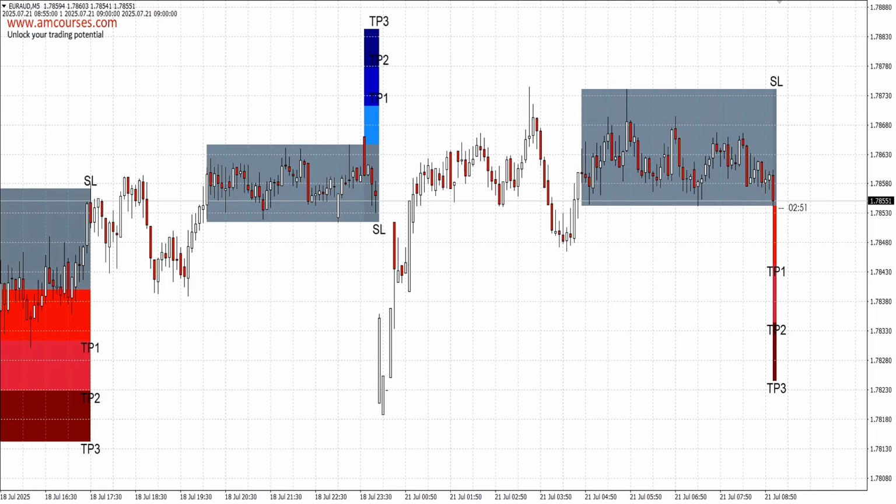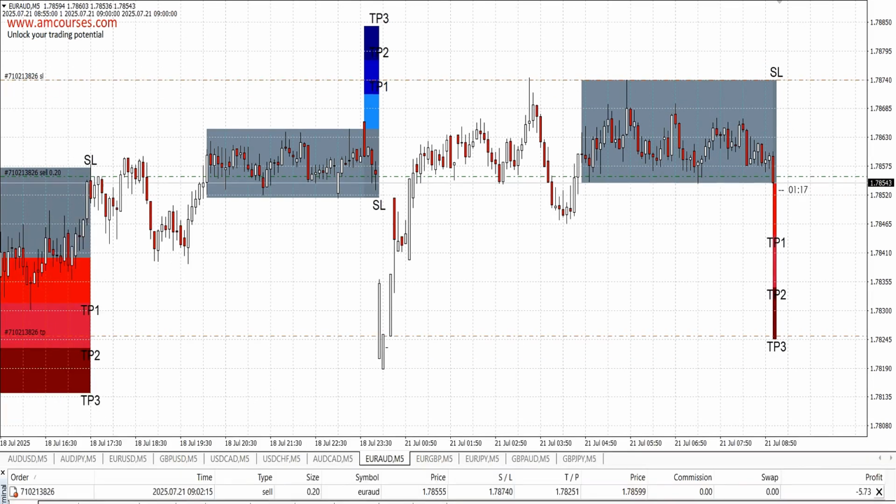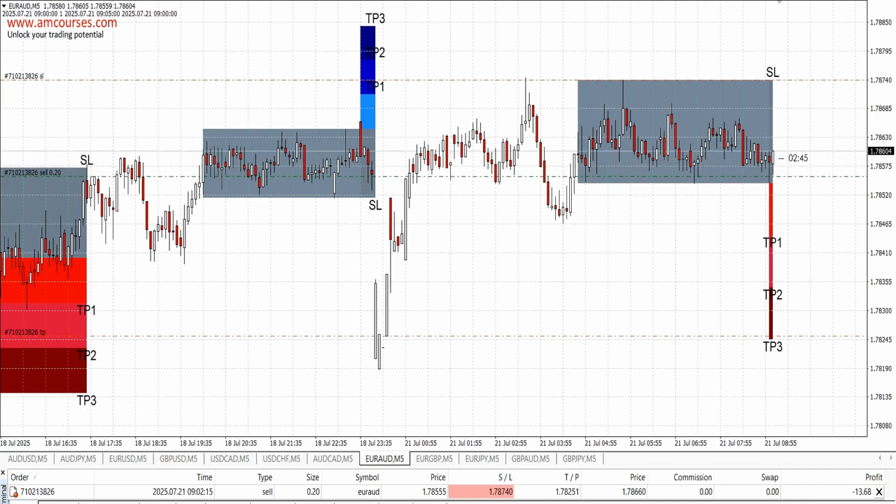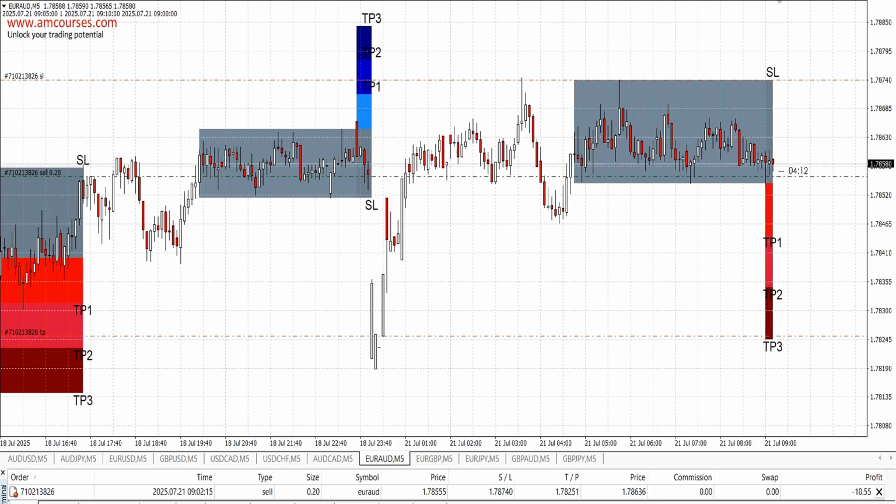Alright traders, take a look at this setup. Here, I've taken a sell trade based on the fresh sell signal from our indicator. As soon as the signal appeared, I entered the trade without delay and followed the indicator's suggestion by setting the stop loss and choosing Take Profit Level 3 as my target. The market started moving in our direction, and now the big question is, will it hit our TP or reverse to hit the stop loss?